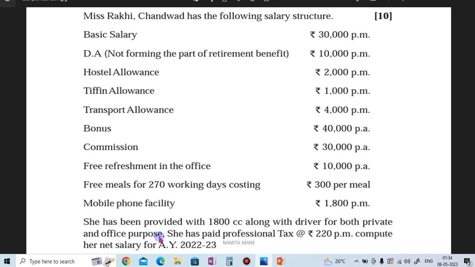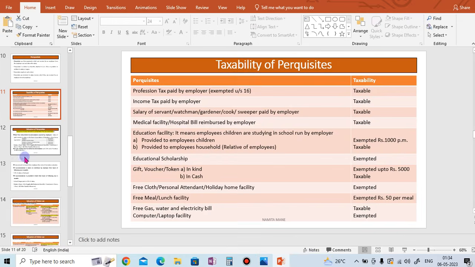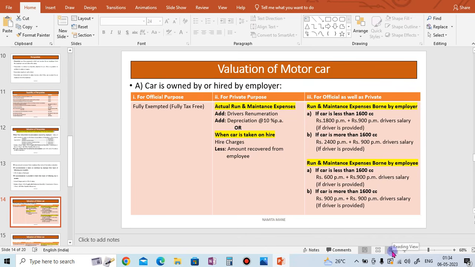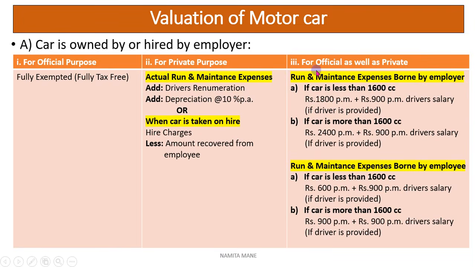Okay, so now it means we have to do the valuation of the motor car. Now see, for the motor car, what is the condition? How to find the valuation of a motor car if the car is being used for official as well as private purposes? Okay, and here in this example, Miss Raki has used the car for official as well as for private purposes.